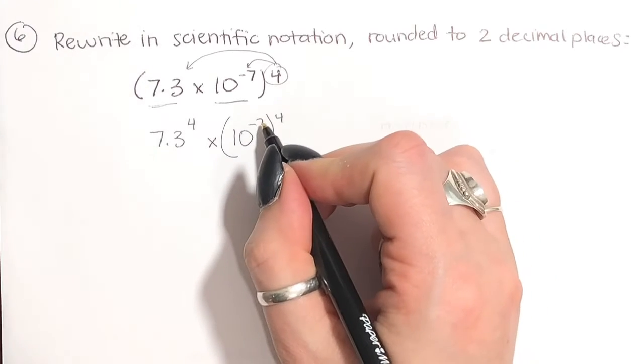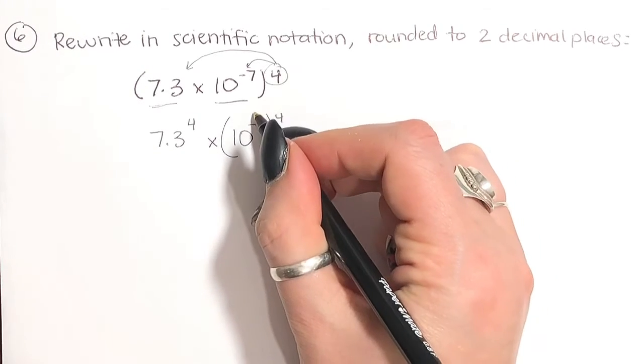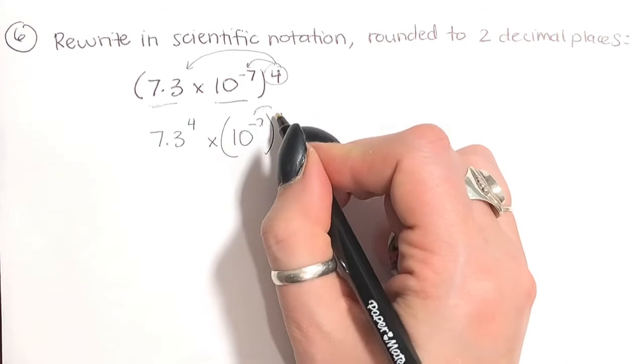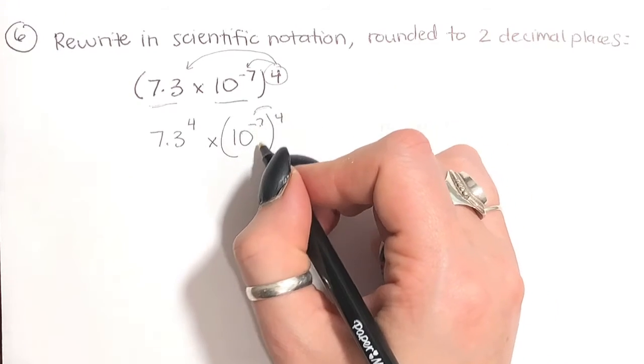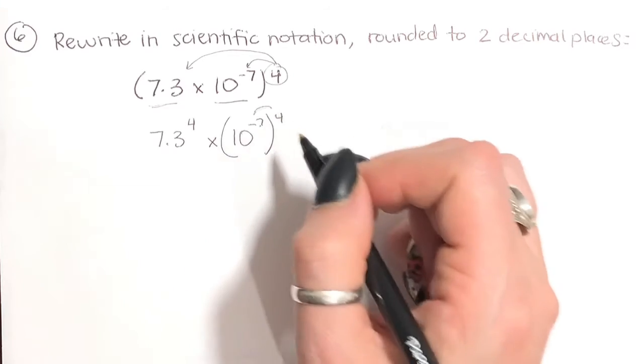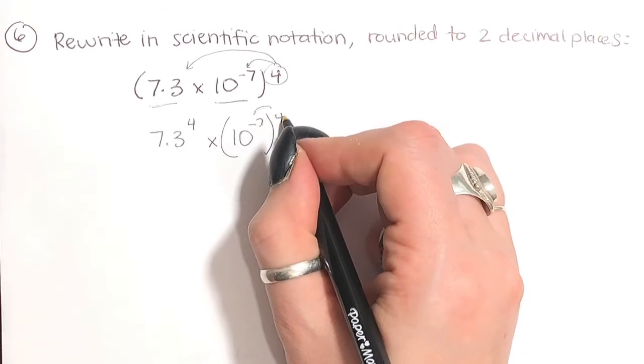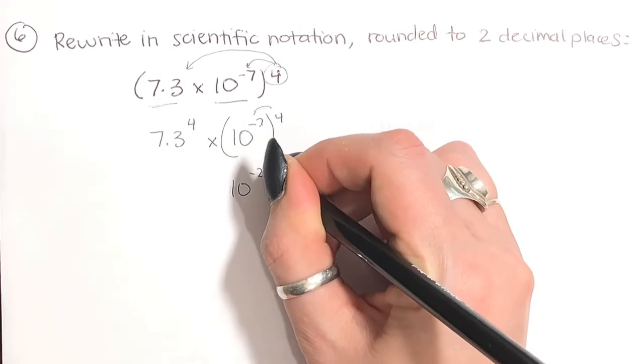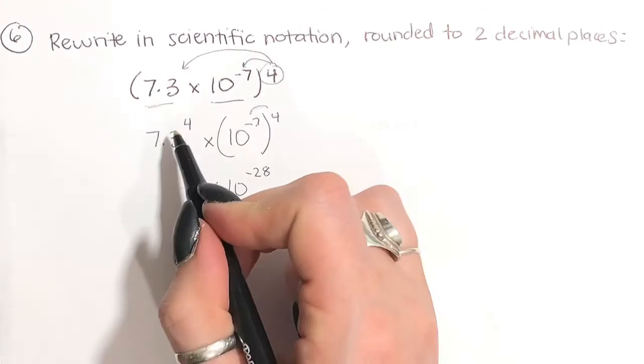So remember, when we already have a power raised to another power, do you guys remember the rule from this unit? If you have a power to a power, that's when you multiply them. We have one base with two exponents. So we want to do -7 times 4, which gives us 10 to the -28. But then we also need to do this number in the front.